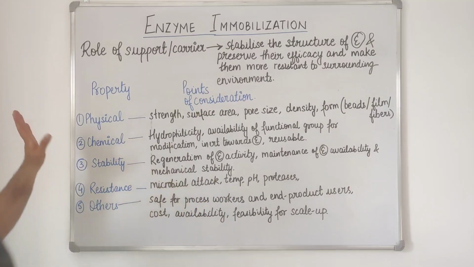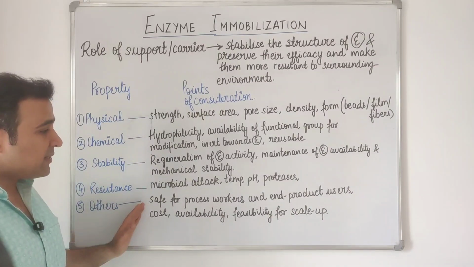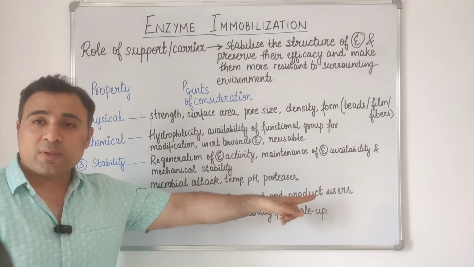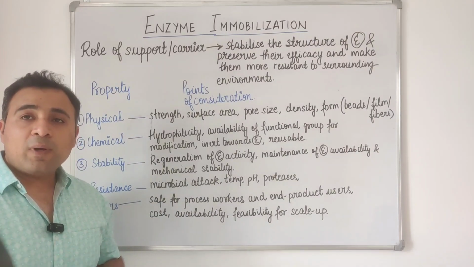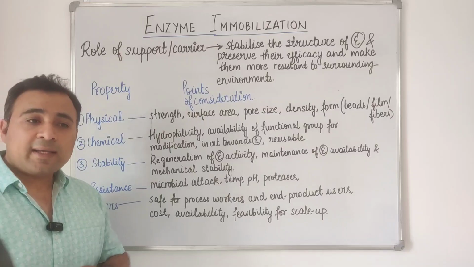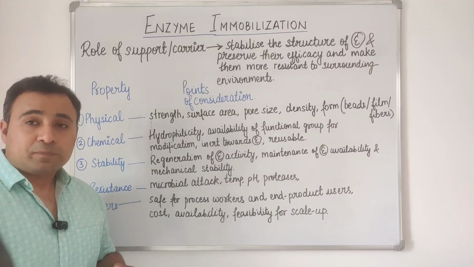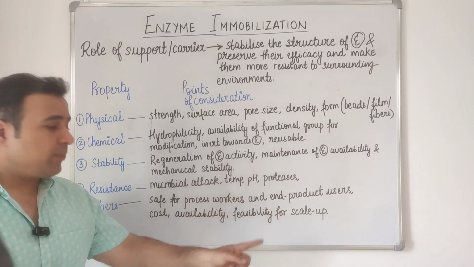And there are some miscellaneous factors which need to be considered. It should be safe for process workers and end product users. So it should be safe for the workers who are immobilizing the enzyme on the support, and for the people who are going to use the immobilized enzyme once it has been immobilized.